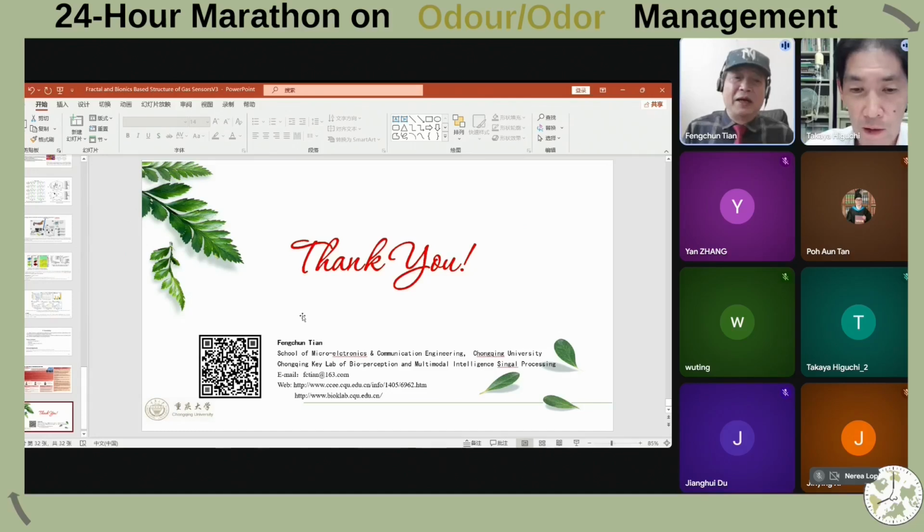The response speed, so far, for both the simulation and the experiment, we found it takes a much shorter time than the traditional one. But we don't focus on this issue.